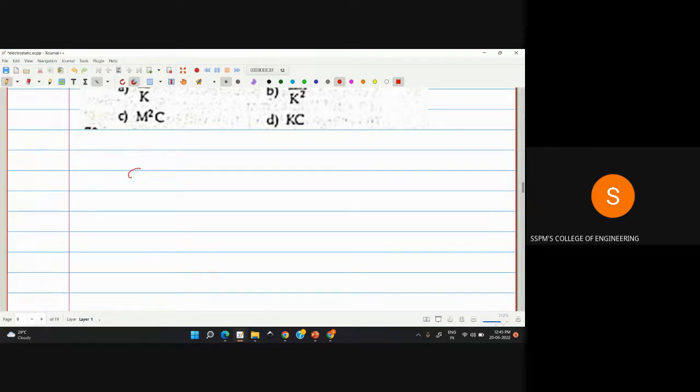So equation of the energy E is equal to Q into V, isn't it? हे इक्वेशन लक्षात ठेवा. एकदम सिंपल इक्वेशन आहे. E is equal to Q into V.